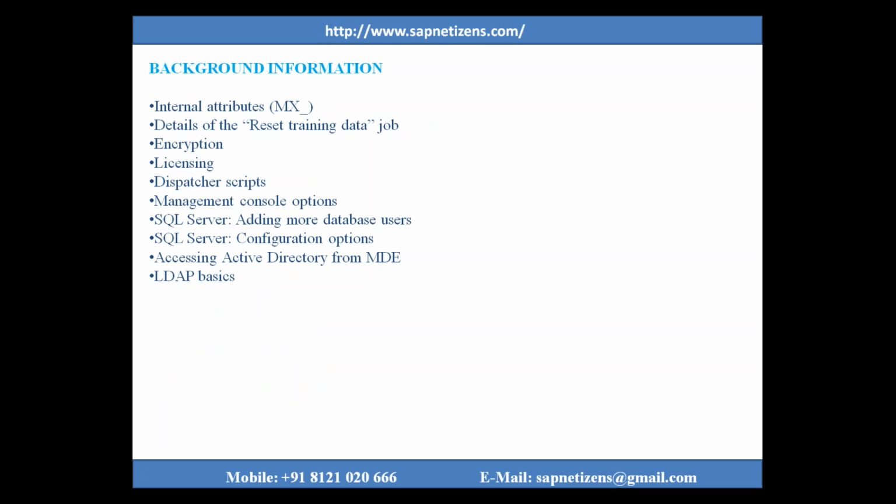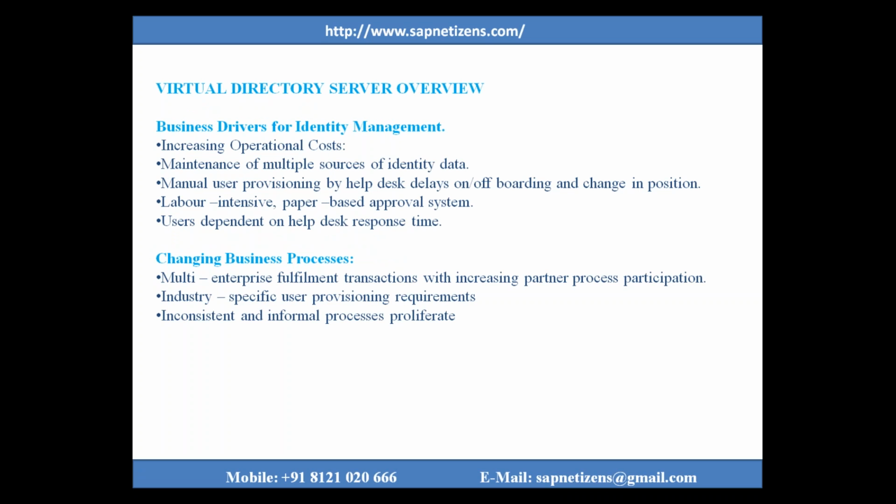And next comes the background information. Here we'll go with internal attributes, details of the reset data, training data jobs, encryption, licensing, dispatcher scripts, management console options, SQL Server like adding more database users, SQL Server like configuration access options, and accessing an Active Directory from MDE and LDAP basics.